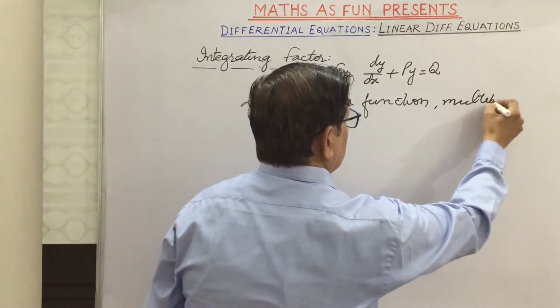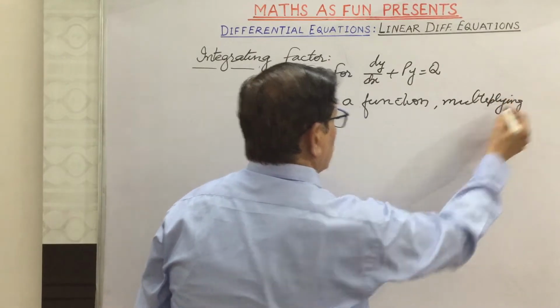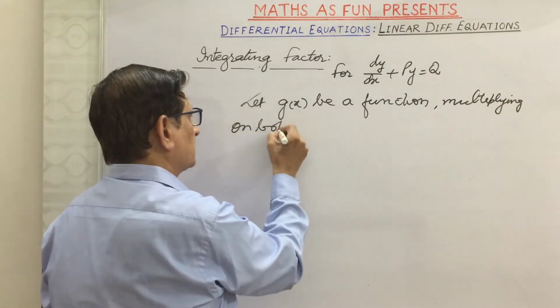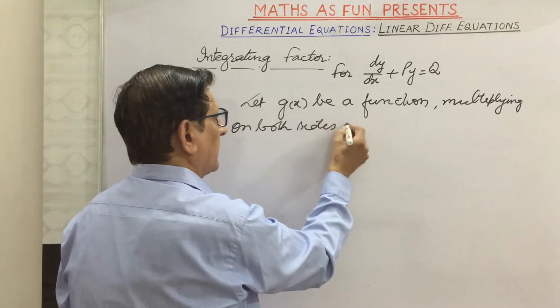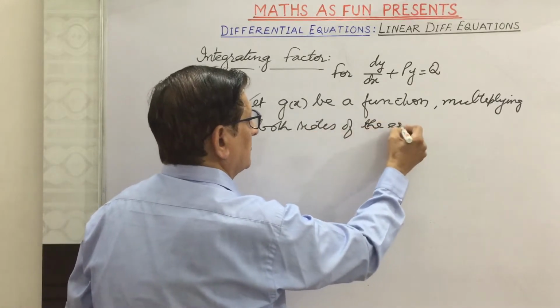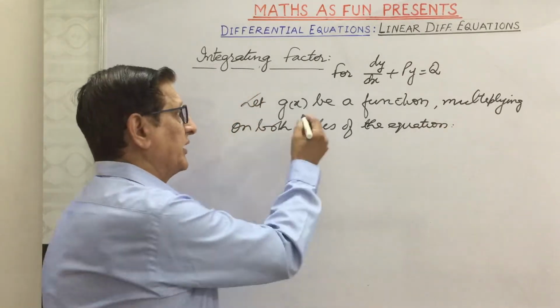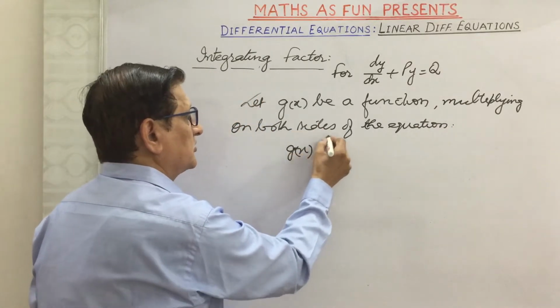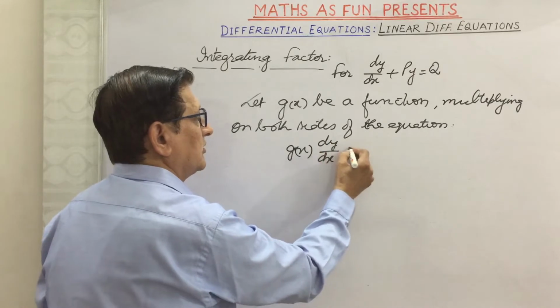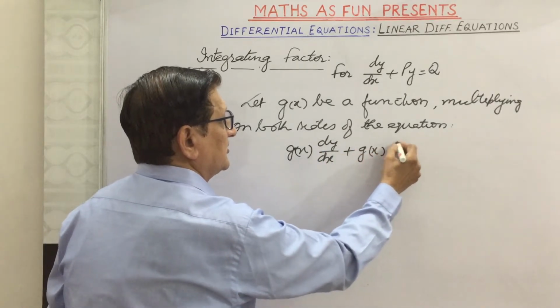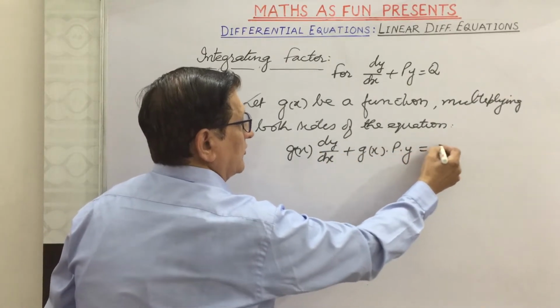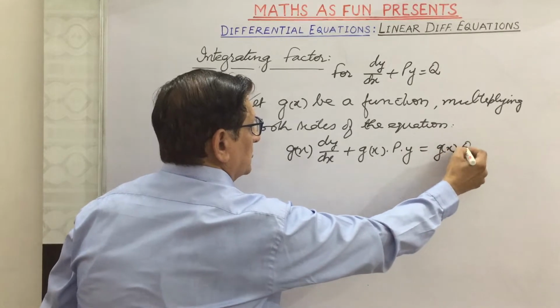Multiplying on both sides of the equation, we get gx into dy by dx plus gx into p into y equal to gx into q.